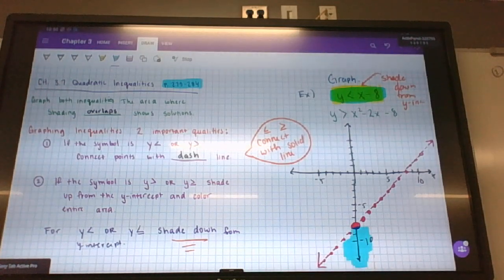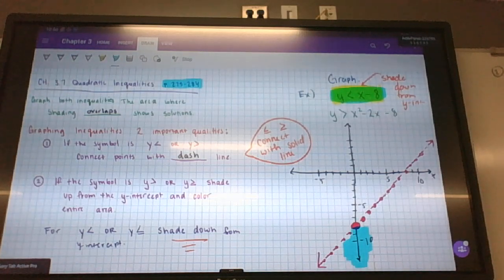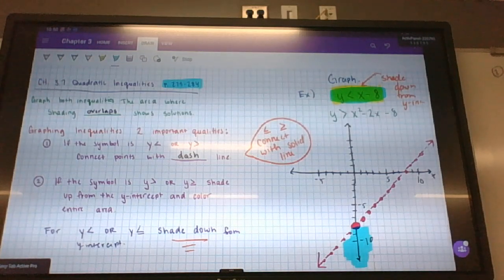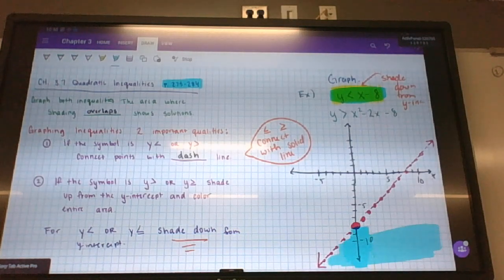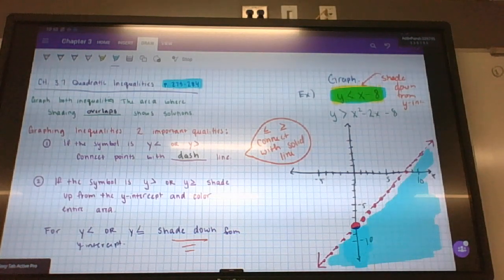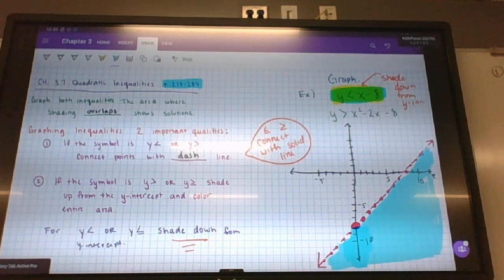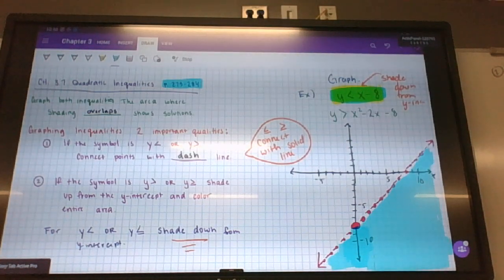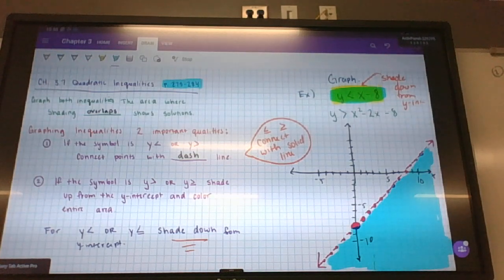Now, I'm gonna fill in that whole side. I start just below it, but then whatever that looks like from there, I fill in everything on that side of the line. So all of the points in this shading, if I plug them into that green highlighted inequality, will come out true.